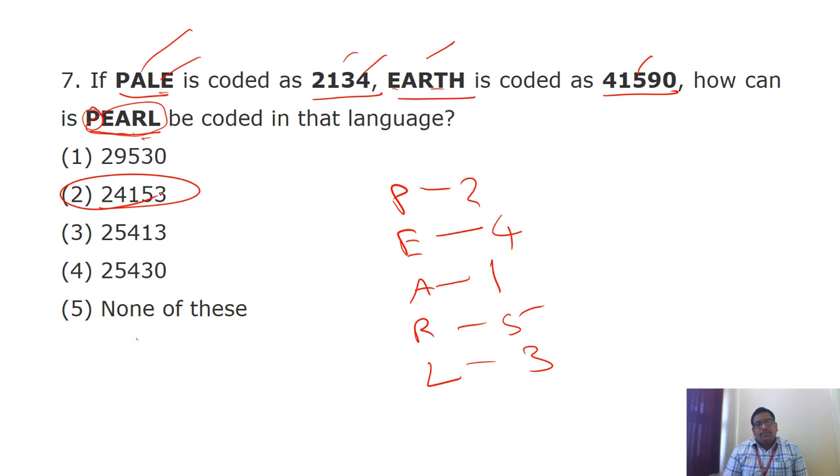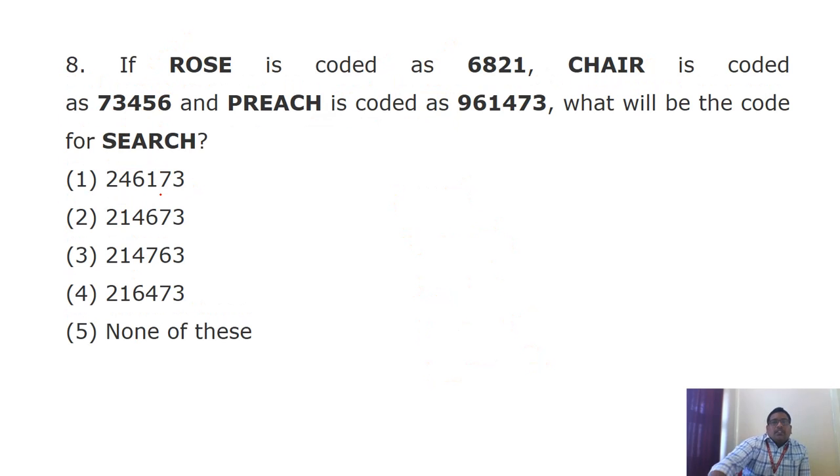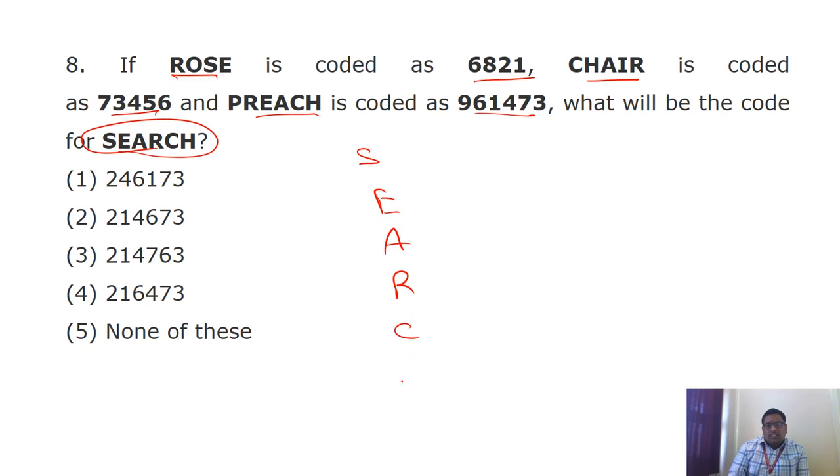Clear? Good. Next. A similar type of question. If ROSE is coded like this, CHAIR is coded like this, PREACH is coded like this, then what will be the code for SEARCH? So just SEARCH. S stands for 2, since S is here.